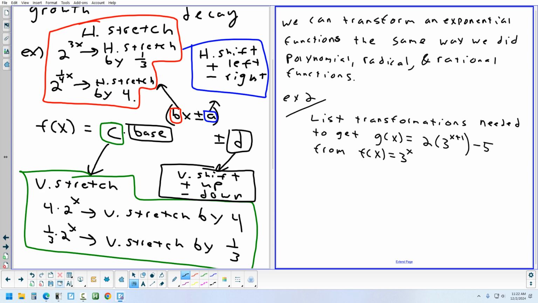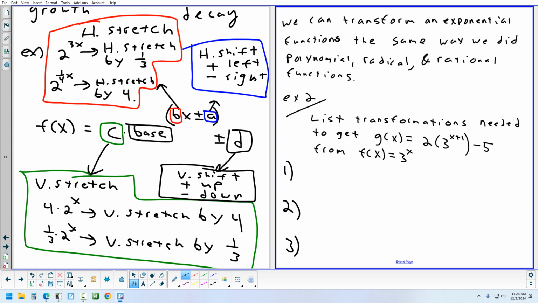Okay, so it says in example 2, list the transformations to turn f of x into g of x. First thing is always good to get an idea of how many transformations there are. How many? Yep, there are 3. So go in order.